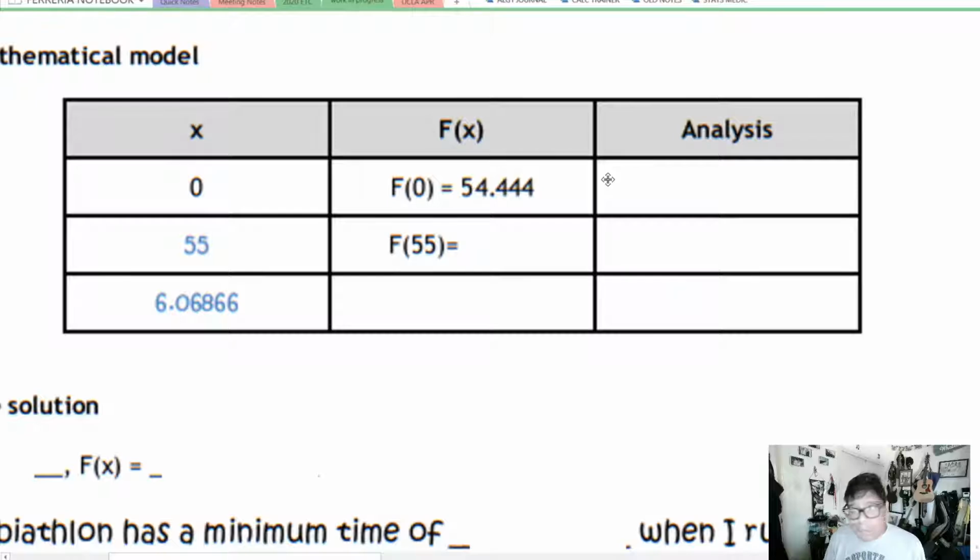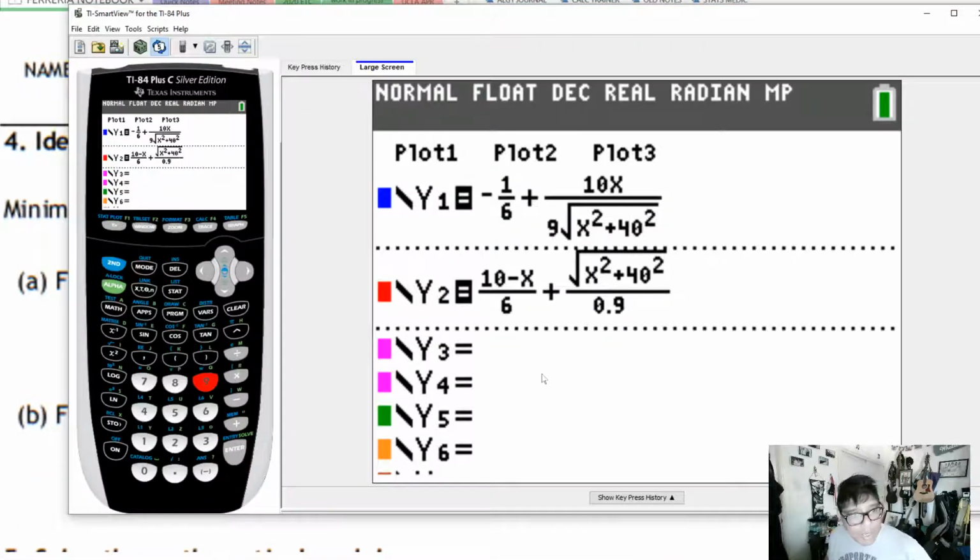So we're going to have to put the time formula in our calculator. So I've got in y2 the function, the time function, not the derivative of the time function, just the time function. Notice I kept this in the original state without any simplification.